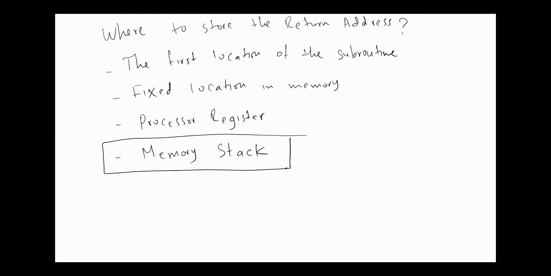And this is the most efficient way. The call statement in this case performs the push of the return address into the stack, and the return from subroutine statement performs the pop of the return address from the stack into the program counter.